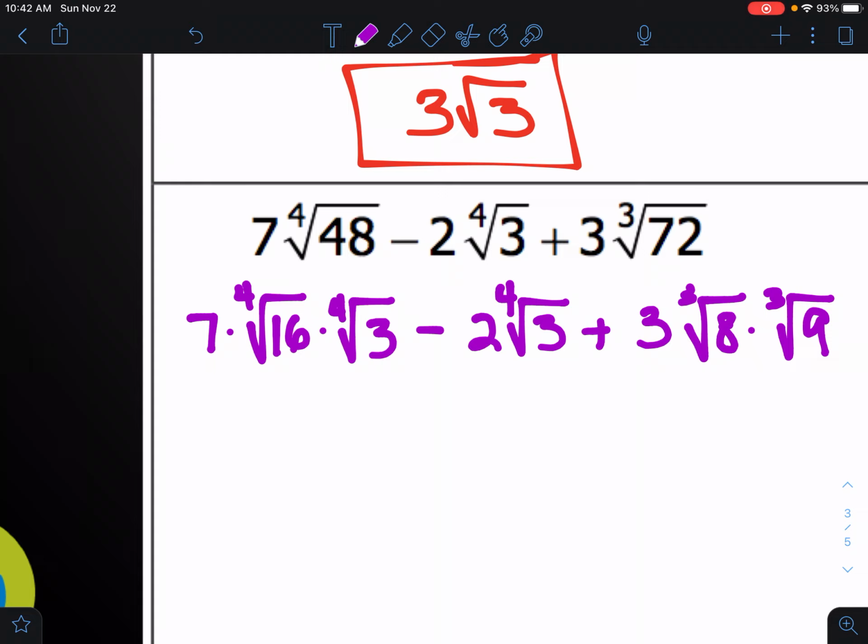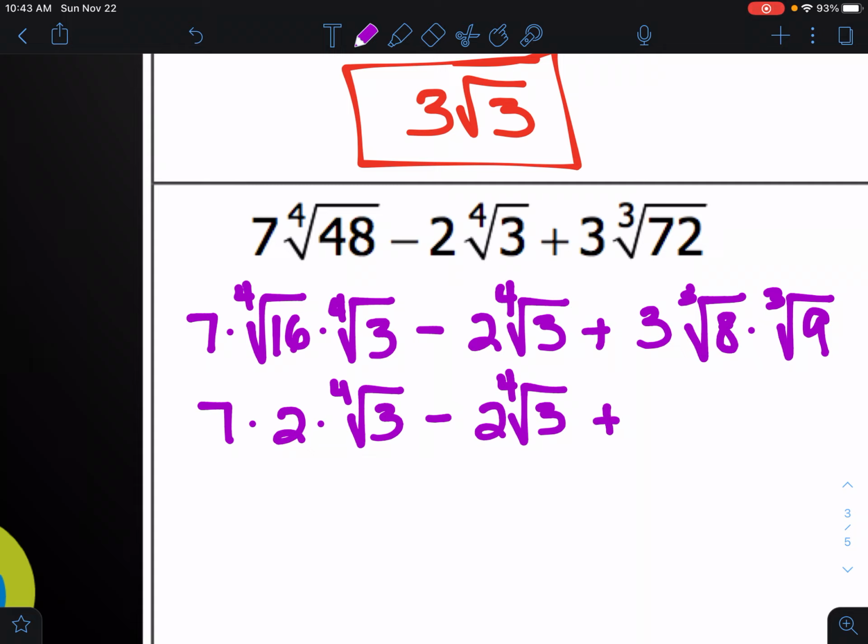Okay, so simplify. This is 2. It doesn't change. This is also 2.